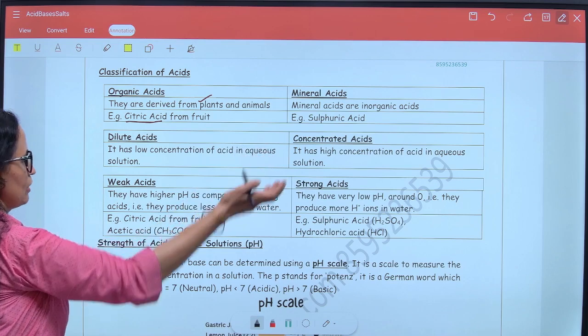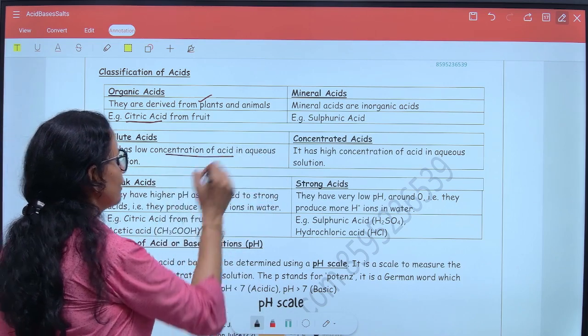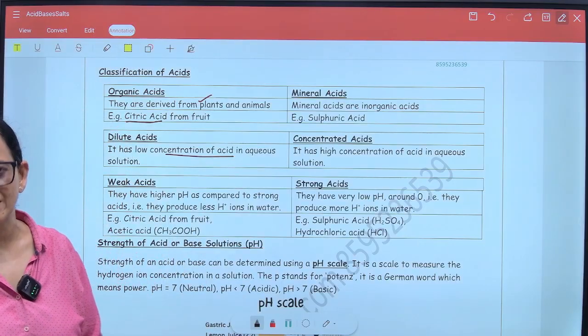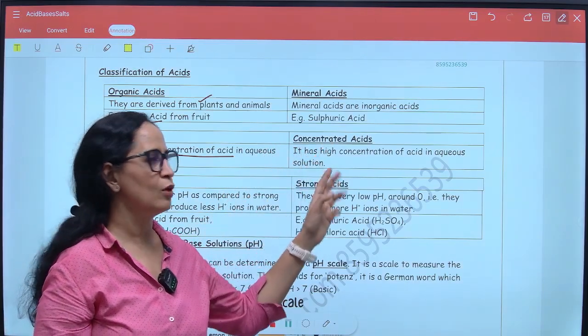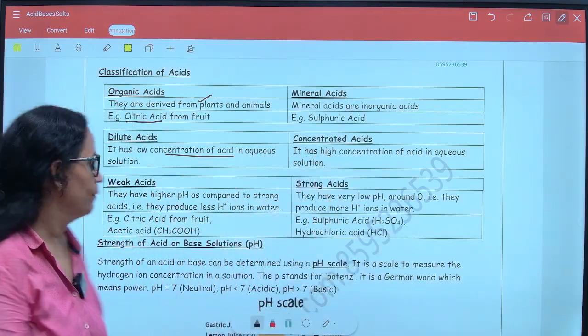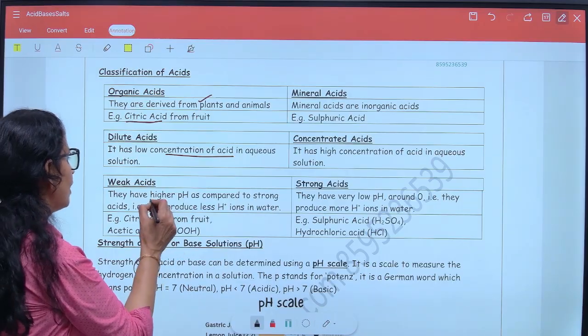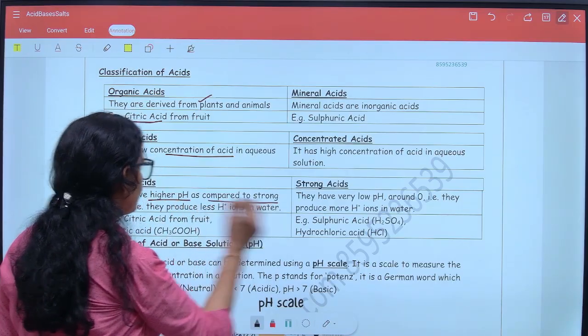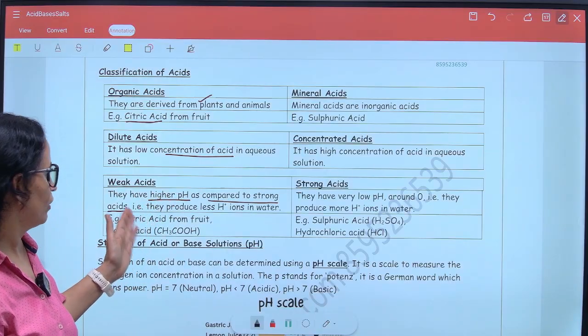Dilute and concentrated acids. In dilute acids, the concentration of H plus ions, or the concentration of acid, is less in aqueous solution, whereas in concentrated acids, the concentration of the acid is more. Next is weak acids and strong acids. Weak acids have a higher pH as compared to strong acids, so they produce less H plus ions in water. They are weaker.